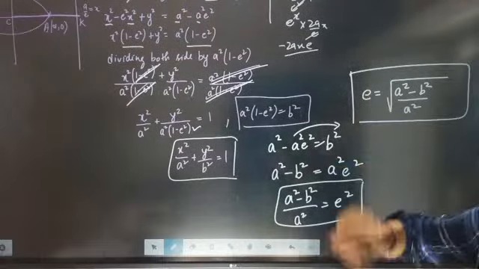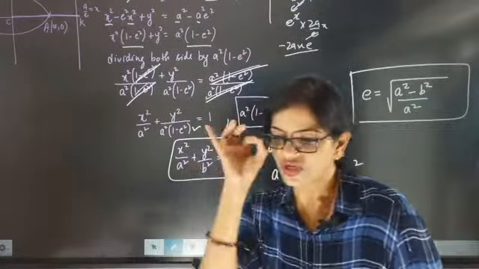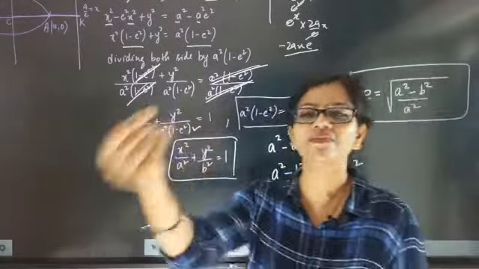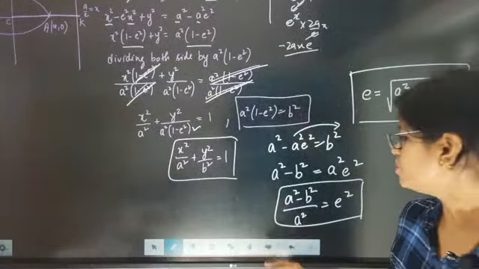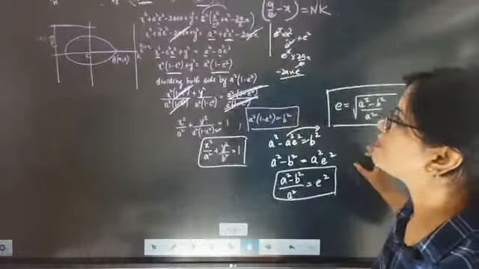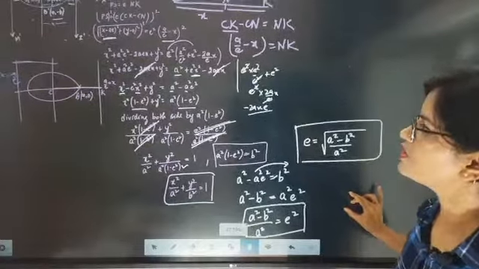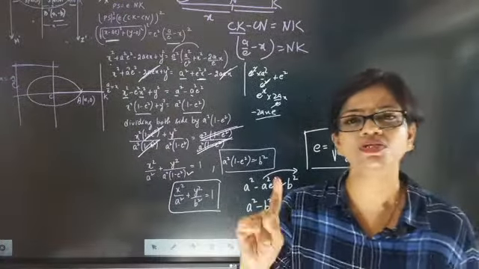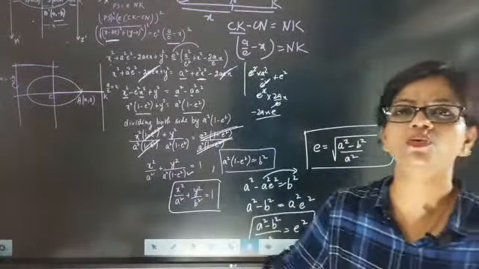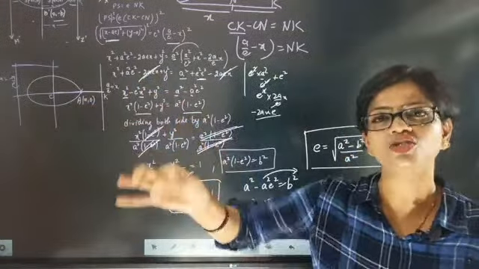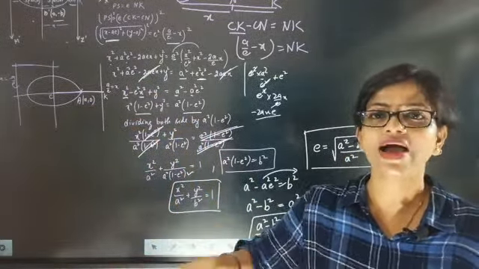This part is the eccentricity derivation. So if somebody tells you to get the value of eccentricity, directly you are going to say that eccentricity equals root under a square minus b square by a square.